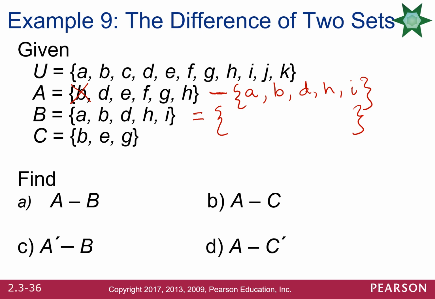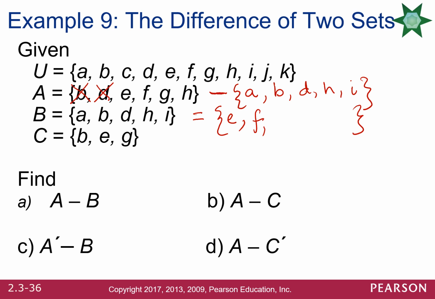D is also there in B, so let's cross that out. E is fine. We can write that. F is fine, right? There's no F in set B, so we are good there.